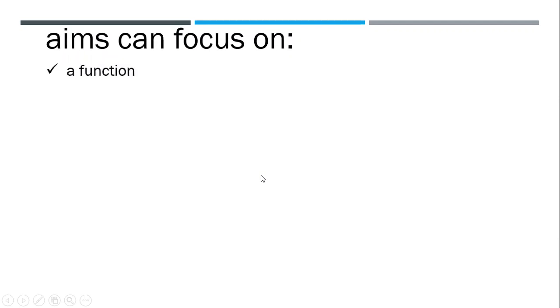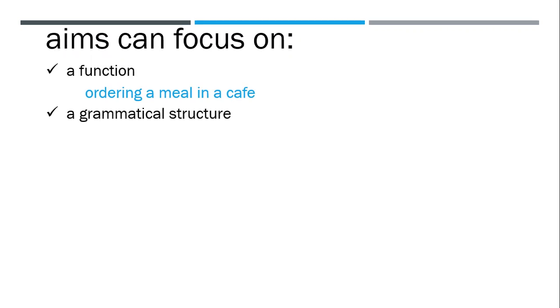Okay, aims can focus on different things. For example, you can focus on a function in your lesson, for example, ordering a meal in a cafe. This is what your students will learn in this lesson. Or a grammatical structure. For example, you want to teach your students how to use the modal verb can in various ways.